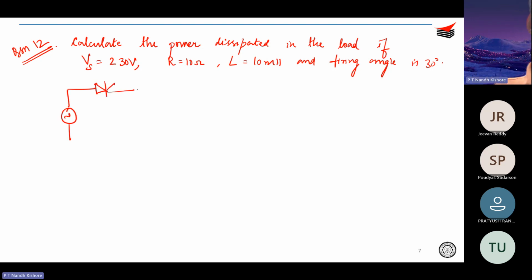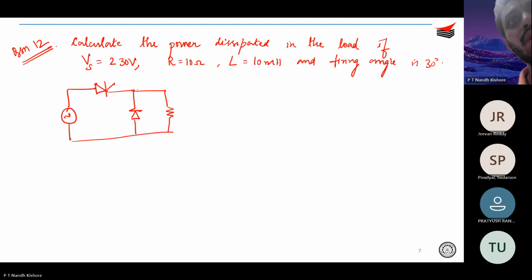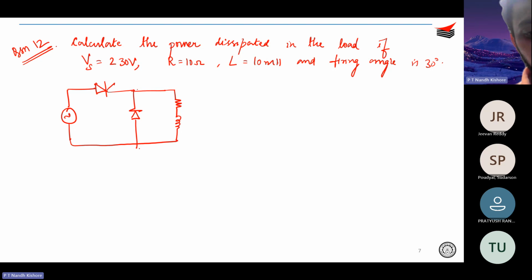So the circuit is something like this. Okay.